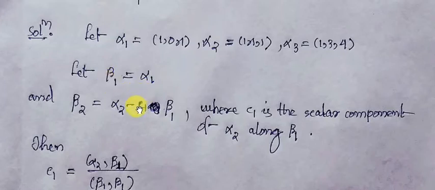And C1 is the scalar component of this alpha 2 vector along the vector beta 1. We are already familiar with the scalar component.